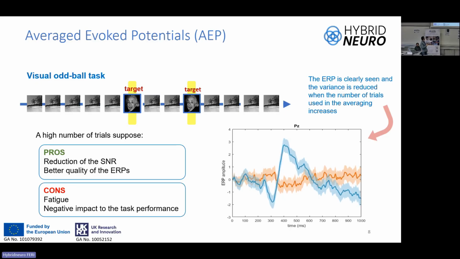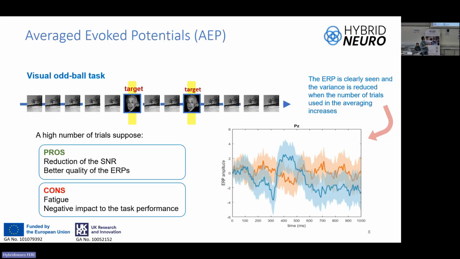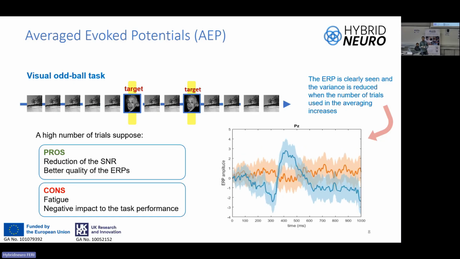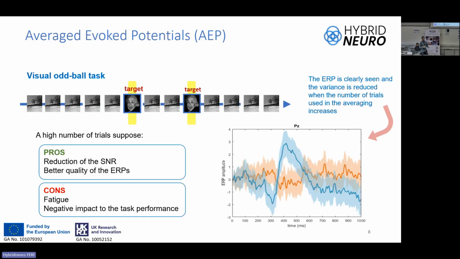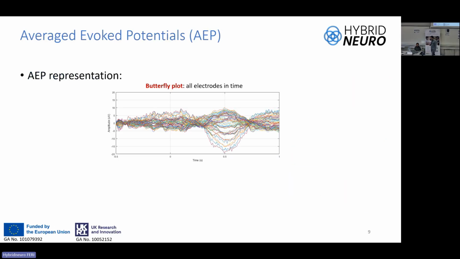About the cons, if you use a lot of trials, you can contribute to fatigue. So for this reason, it's very important to analyze the minimum amount of trials in order to achieve a good quality of the signal, but try to minimize the fatigue, because as the experiment goes on, it has a negative impact on the task performance.